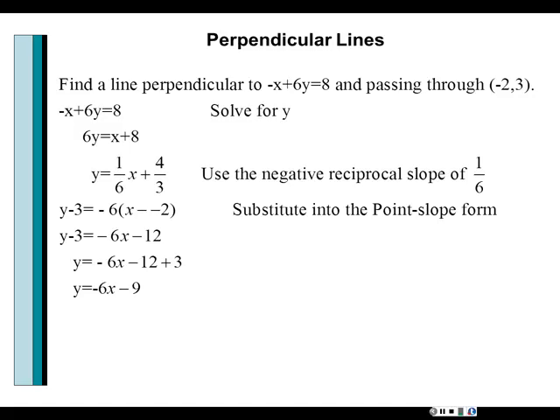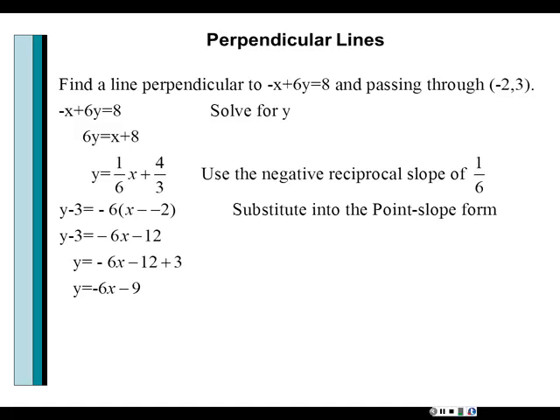Which is 1/6. Now, you know that the new line that you are trying to find is perpendicular to this. Right? In the case of perpendicular lines, the product of the slopes is -1. Now how to do that? All you need to do is find the reciprocal of 1/6. What is the reciprocal?